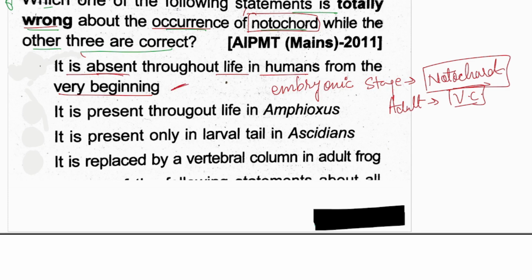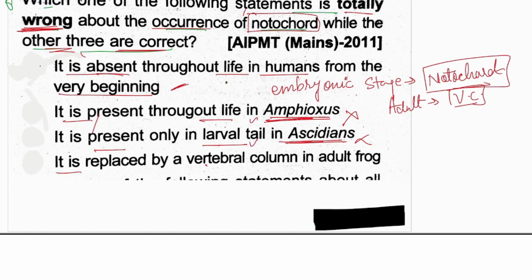Let's see other options. It is present throughout the life in the Amphioxus. Amphioxus is not from this subphylum. It is present only in the larval tail of the Ascidia, Salpa, Doliolum. That is okay, but according to the question it is wrong, because they are asking totally wrong about the occurrence of the notochord, while the other three are correct. So these two are actually correct, but according to our question these two would be incorrect.